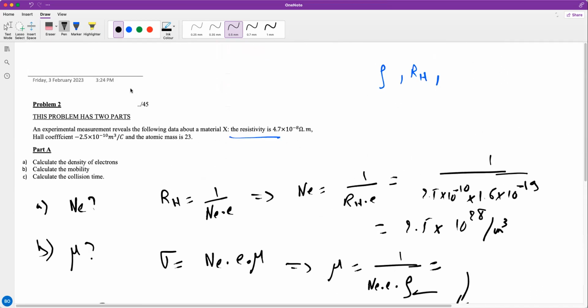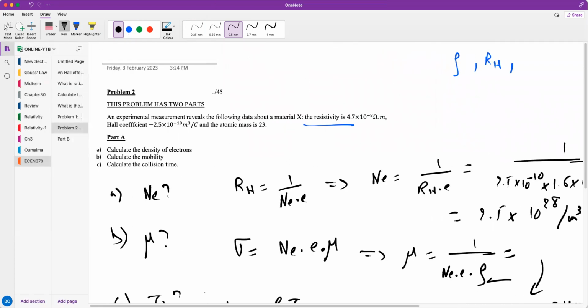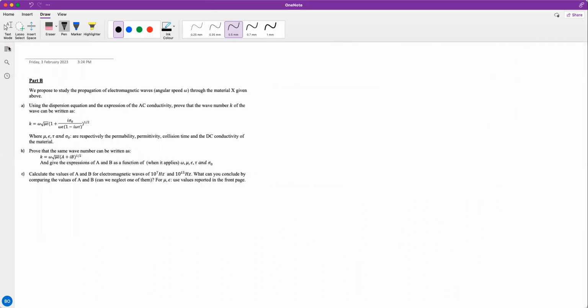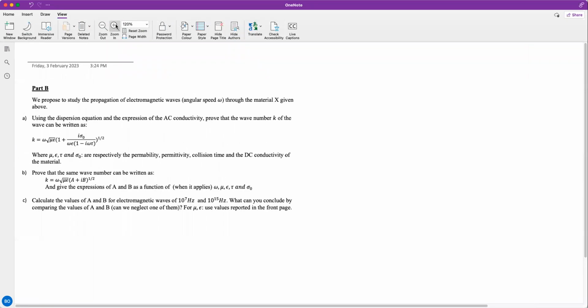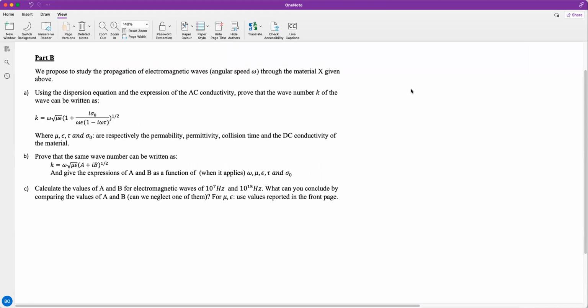Then let's go to the other part, which is this one. We propose to study the propagation of electromagnetic waves through the material X given above.